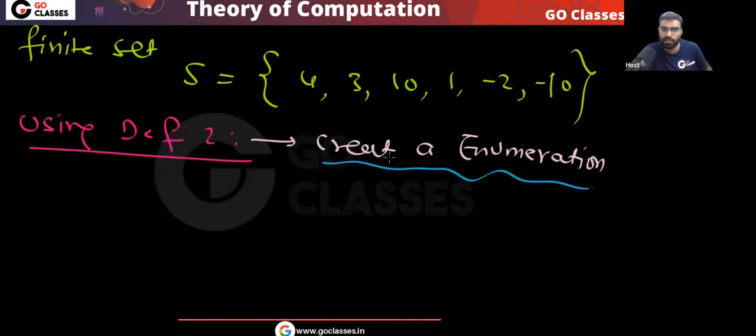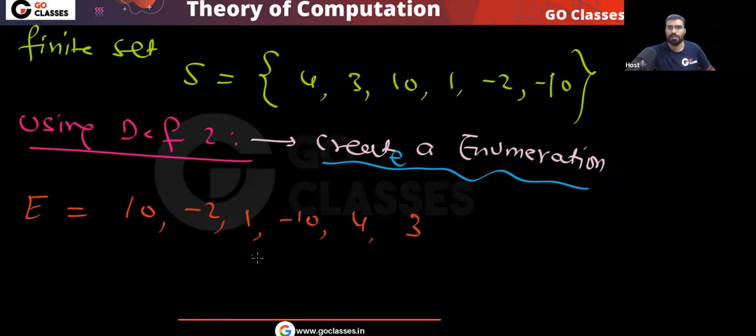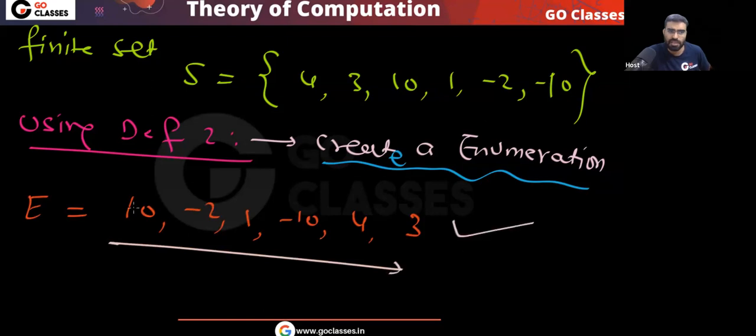Yes, I can create an enumeration. For example, will this enumeration work: 10, -2, 1, -10, 4, 3? Yes, this enumeration will work. You can notice every element is covered.